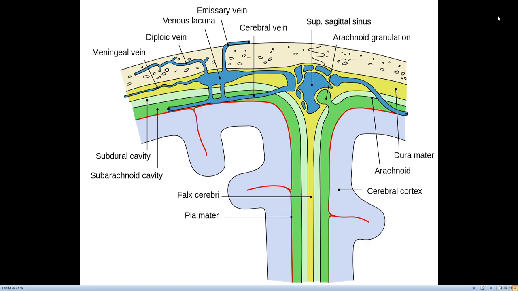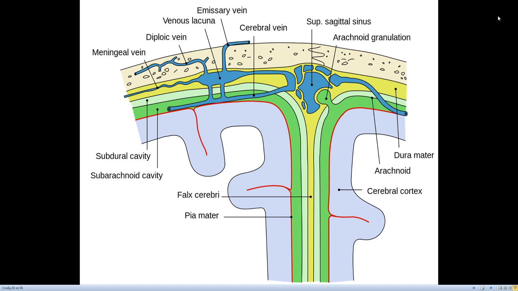Subdural space of the brain communicates with the analogous space of the spinal cord, and also with the perineural spaces of the cranial nerves.